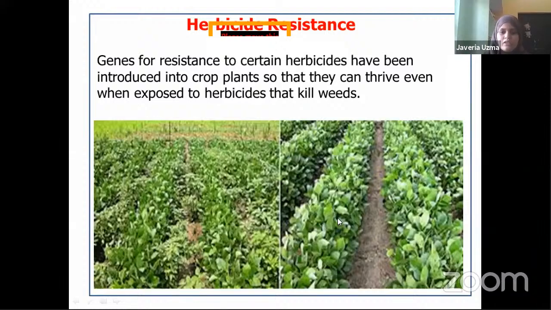It will grow healthily because it has a gene which is herbicide resistant, so it will not show any effect even if you spray any amount of herbicide here, right?